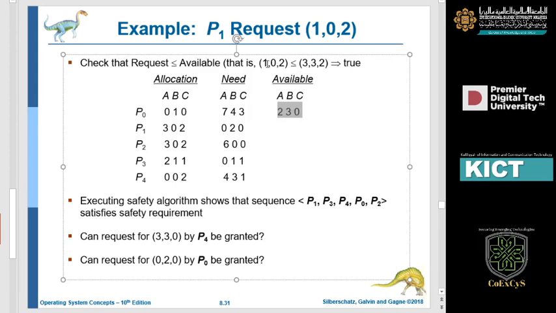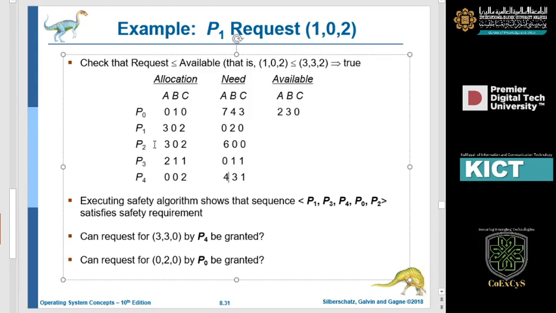Now if we give P1 one more of A, then 3 minus 1 results in 2 available. B remains 3, and 2 of C has been allocated, so C becomes 0. So the available now is 2, 3, 0.